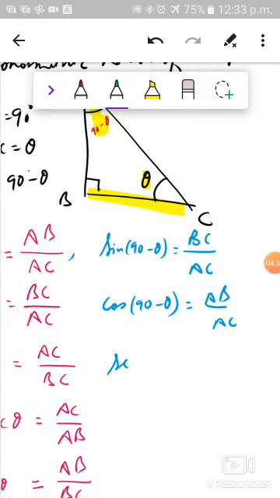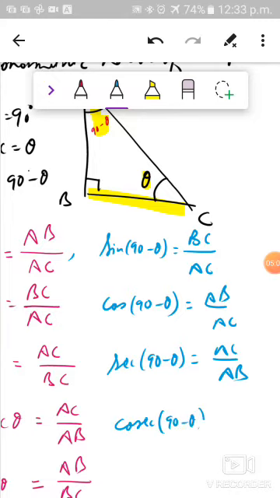Then sec 90 minus theta, reciprocal of cos, that is AC by AB. Cosec 90 minus theta, that is reciprocal of sine, that is AC by BC.